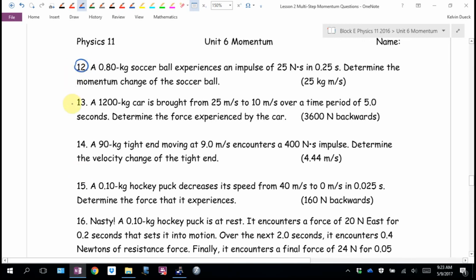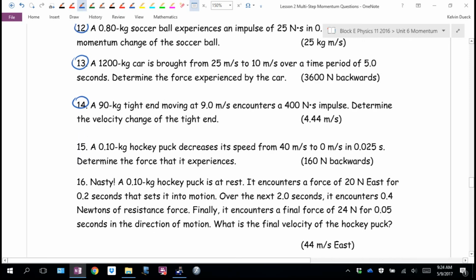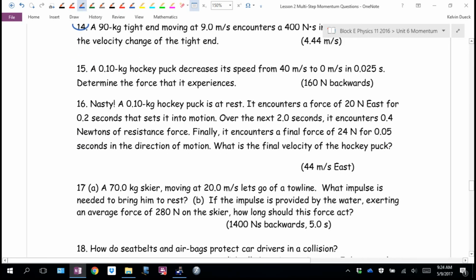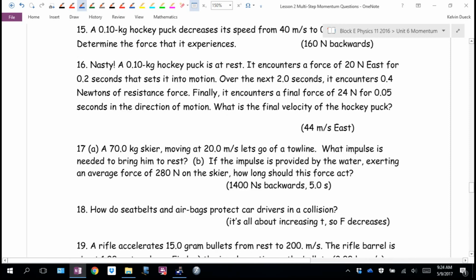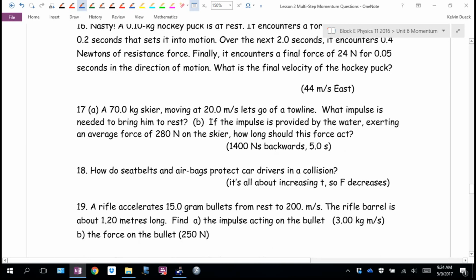11 is good. And I stuck all the answers at the bottom there. 12 is good. 13 is good. 14, will skip 15. Yeah, 16 I'll pass on. It's cool but nasty. 17, water skiing is fun. 18.